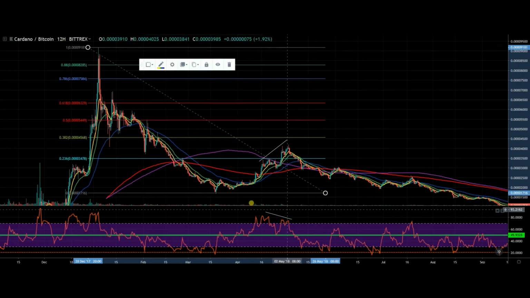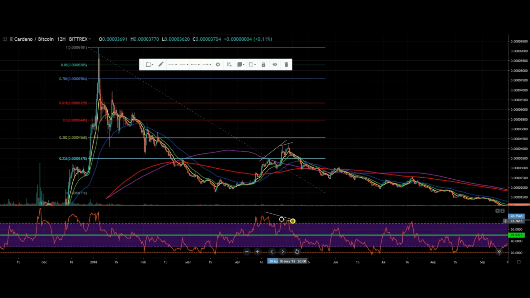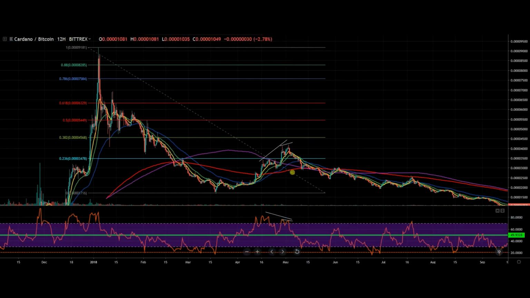So you can see here, this basically just broke. There's probably a small divergence here as well. Now when I notice this, this little tiny one, and also a smaller one right here. So you can see that there's also a double bearish divergence.